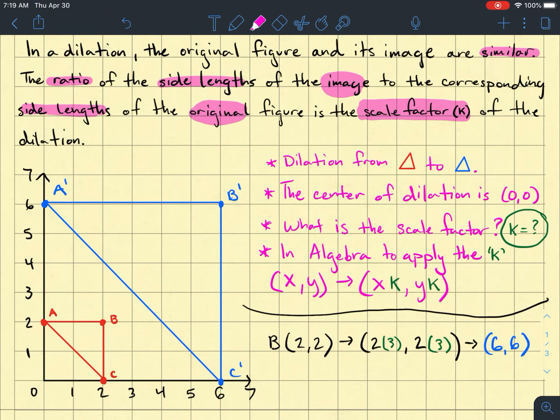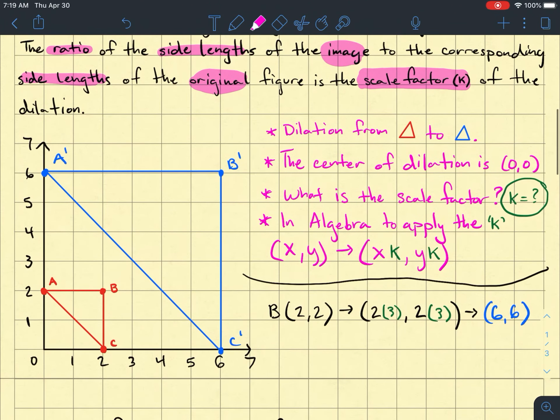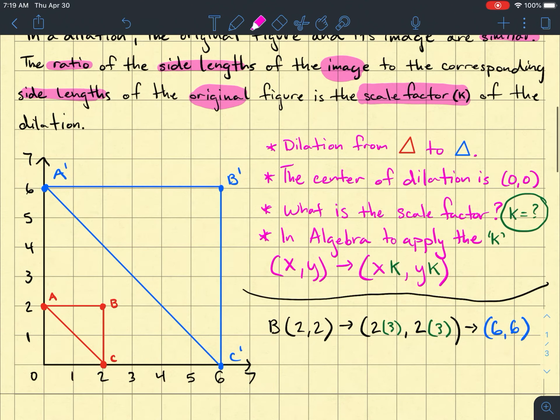So let's take a look at this example. You have a dilation from the red triangle to the blue triangle. The original figure is in red, the image is in blue. The center of dilation is the origin.